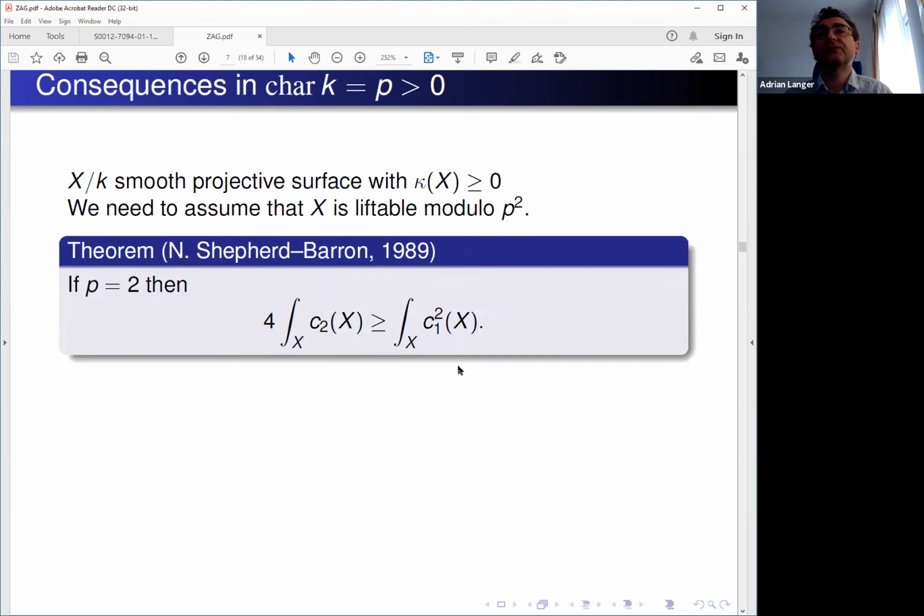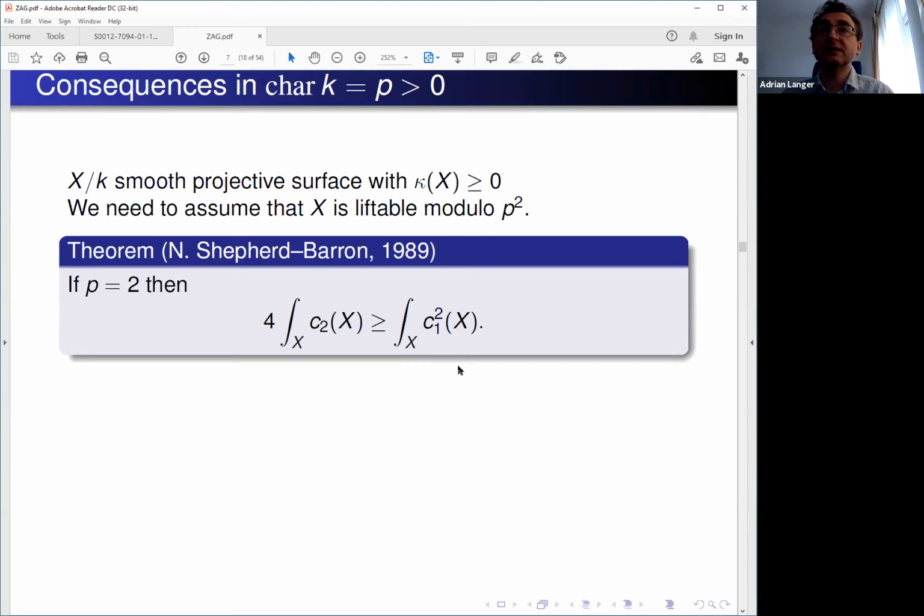And then, first of all, there was a result going in this direction due to Shepherd-Barron in '89, who proved this in characteristic 2. So if we have a smooth projective surface in characteristic 2, which is liftable modulo 4, then 4 times the degree of the second Chern class of this surface is greater than C1 squared.